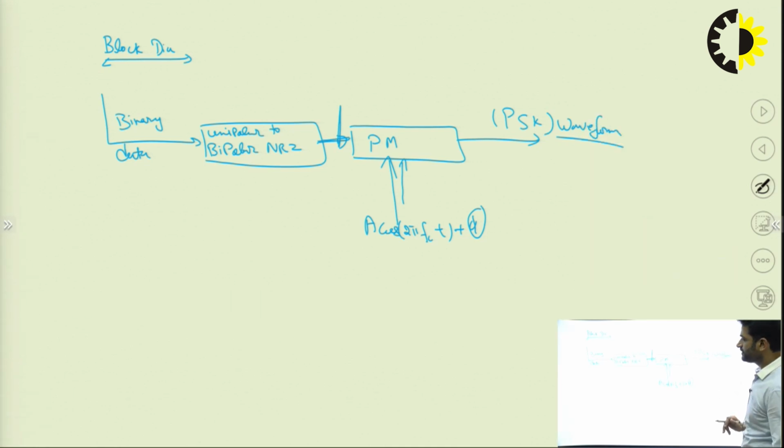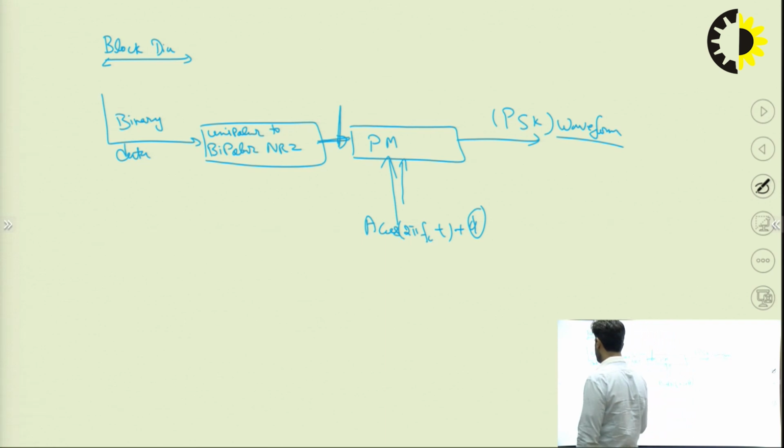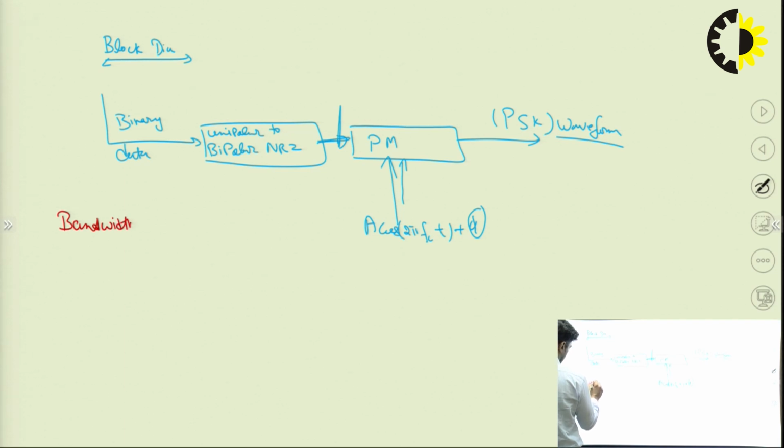Now next part is our bandwidth. Bandwidth of PSK. As we have done for the ASK, the same steps apply for the PSK. Our modulating signal, 1, will be presented as plus 1 volt.